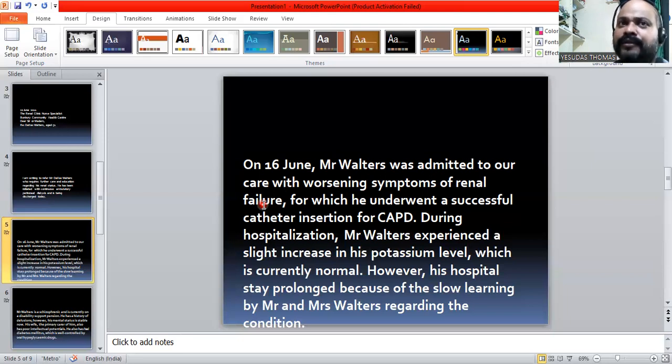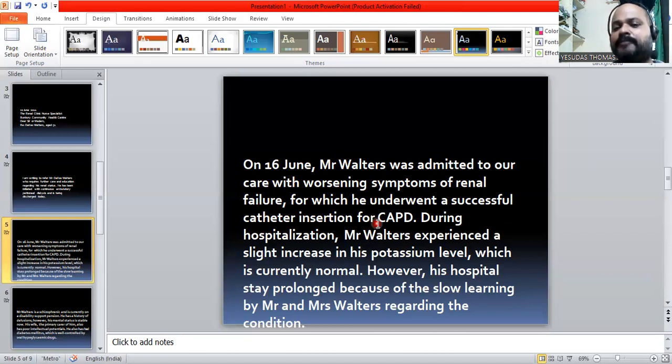So if you have enough space, you can go with that he has had renal failure for the past 4 years, for which he underwent a successful catheter insertion for CAPD. Here I have given the short form, the abbreviation, because you are writing to a medical professional. You can definitely write an abbreviation, but before that you have to give the expansion.